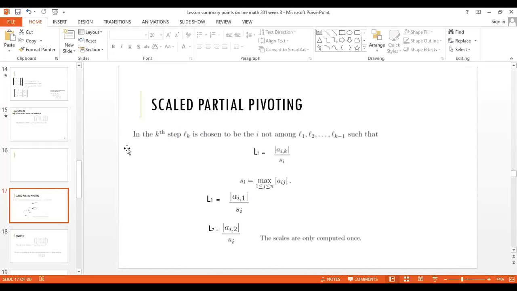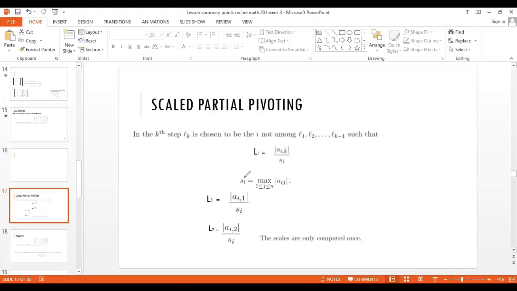Good. So hence the need for another method, which is scaled pivoting. And we also did mention that the scaled pivoting technique helps us to avoid a minimal value of a pivot, because it will always select the optimum value of your Li.